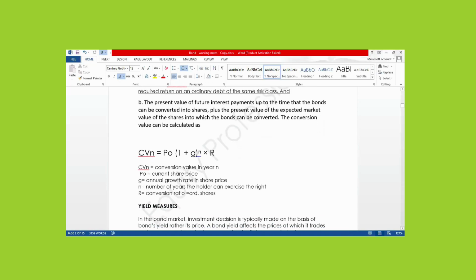All right. So please note, the examiner can ask you to value a redeemable bond. The examiner can also ask you to value a convertible bond.